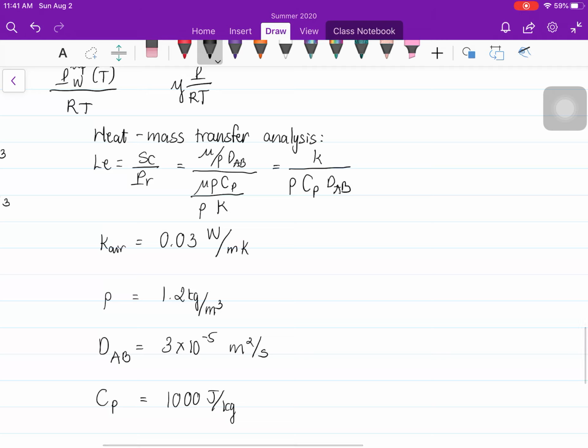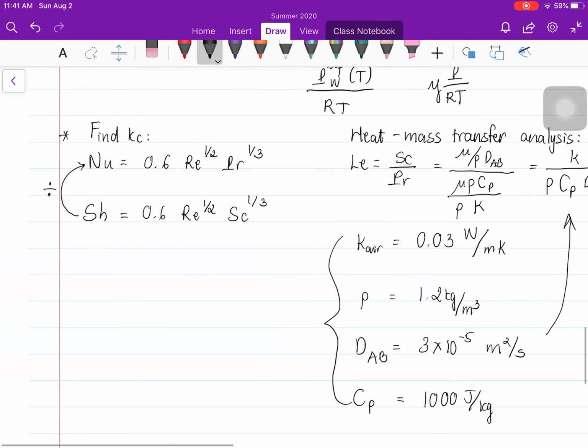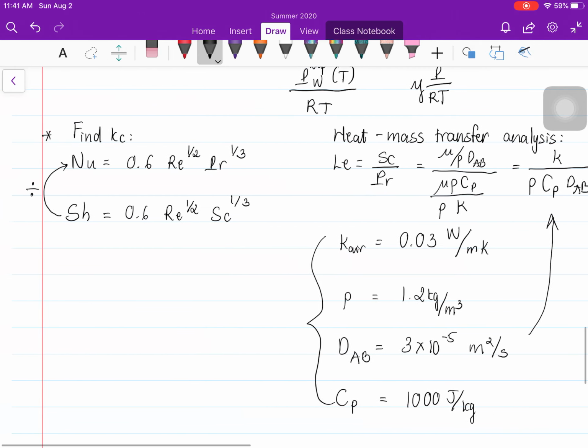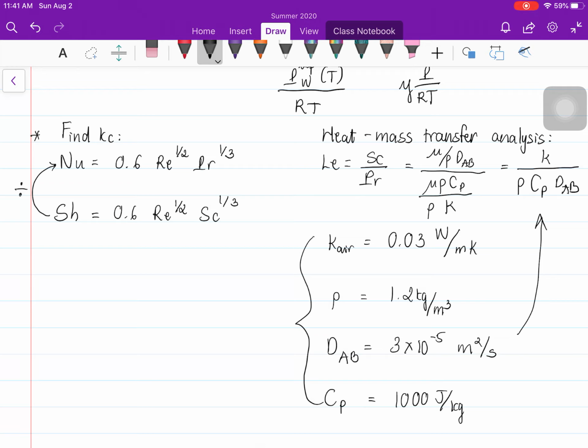If I substitute these values that I found online into this equation, we will have the Lewis number approximately equal to 1. And then the next thing I would do, as I said before, is take this equation divided by this equation.